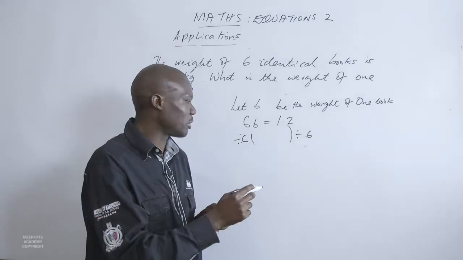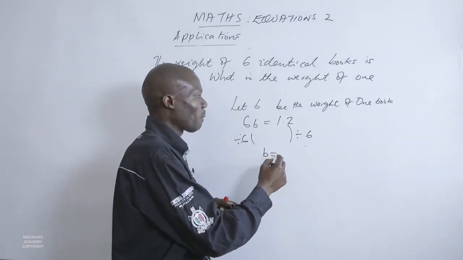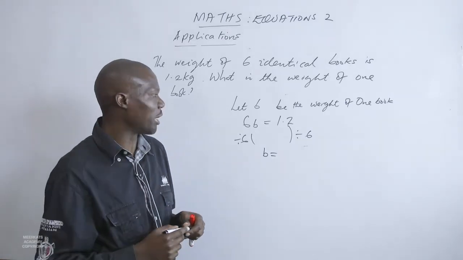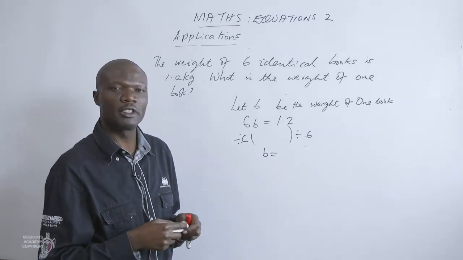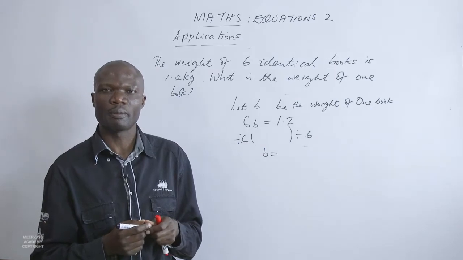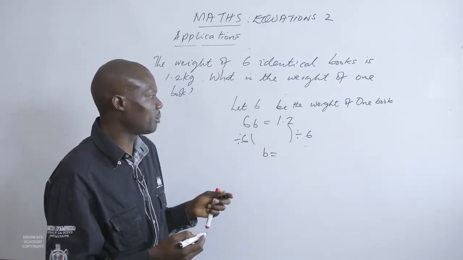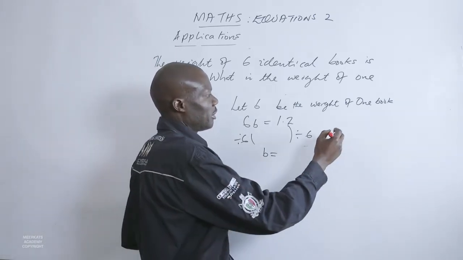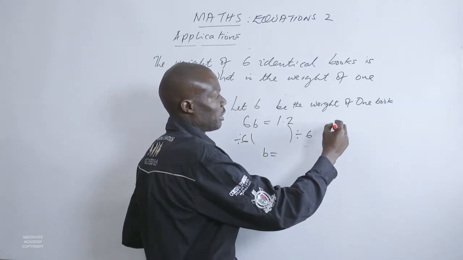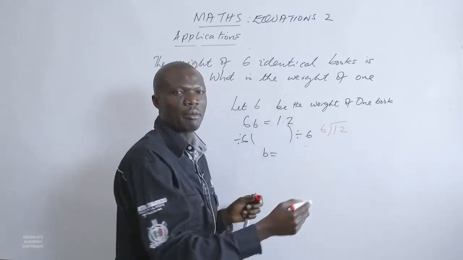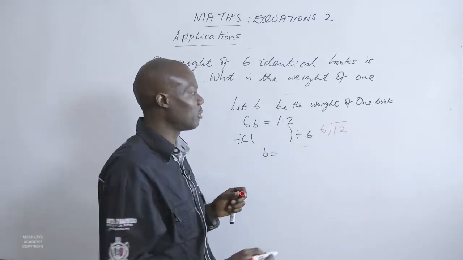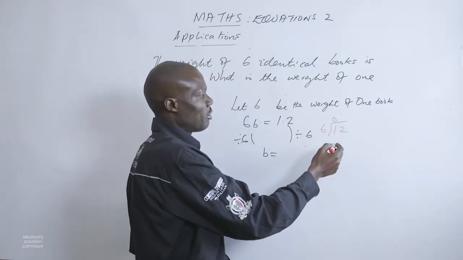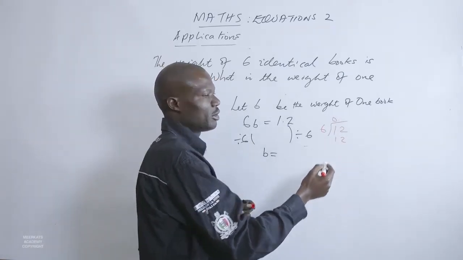6B divided by 6 is B. 1.2 divided by 6. The division will be simple. I'll illustrate the division here. That 1.2 divided by 6. 1 divided by 6 is impossible. We bring in 0 point. And then we shall now bring 1 and 2.